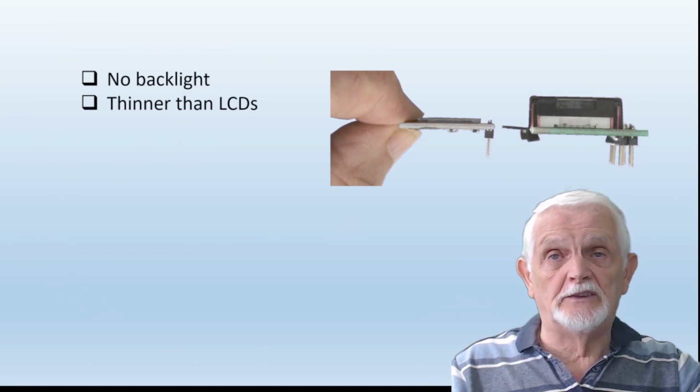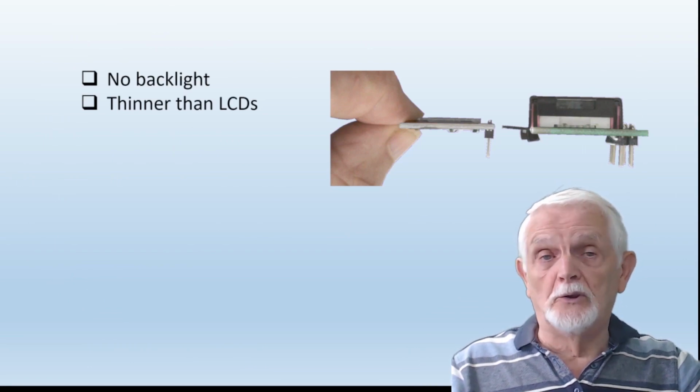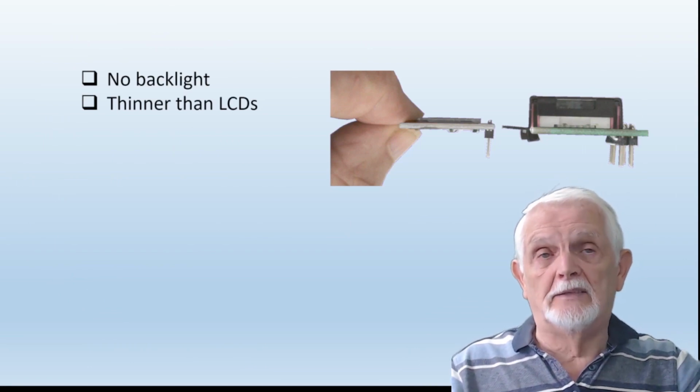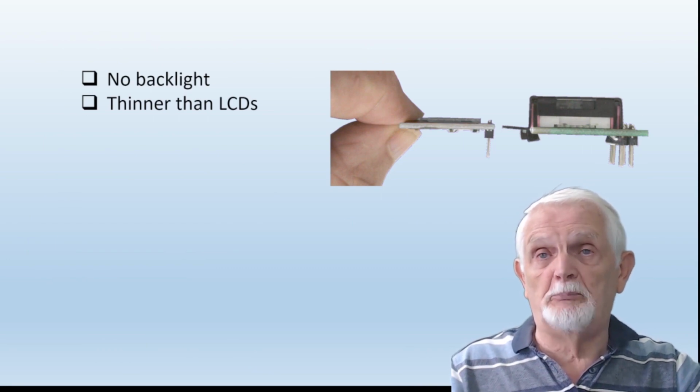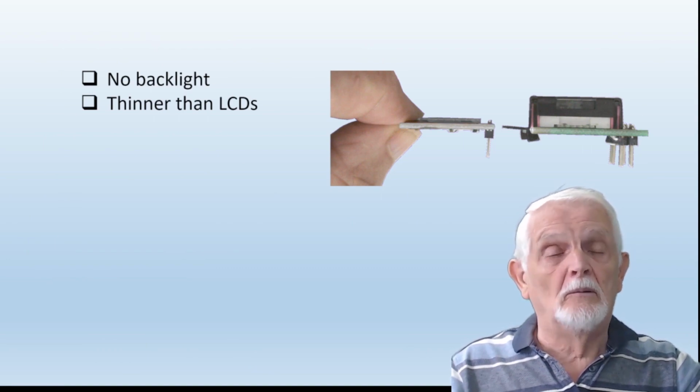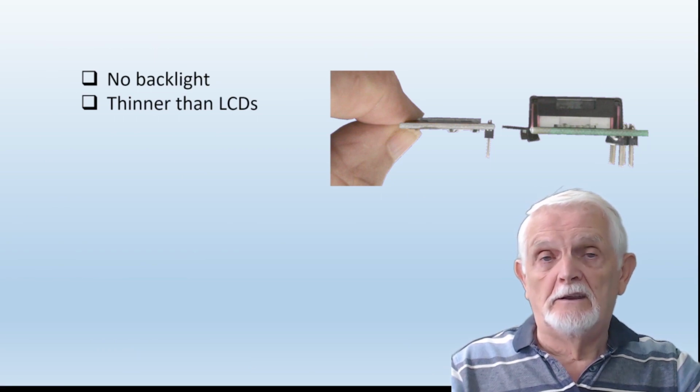Their increased use stems from their improved performance due to the materials used in construction. As you can see here, you don't use a backlight unlike their LCD equivalents, and you can see in the picture above me that makes them much thinner. Let's have another look.